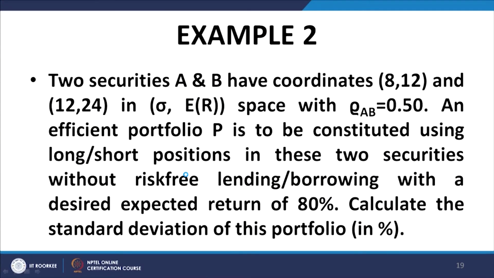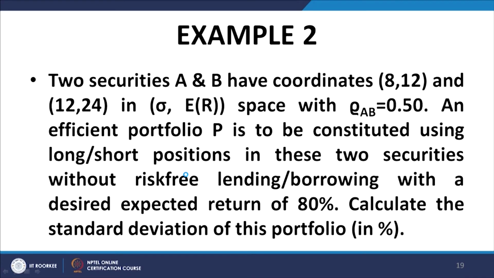Two securities A and B have coordinates 8, 12 and 12, 24 in sigma expected return space. The correlation coefficient is 0.50. An efficient portfolio P is to be constituted using long or short positions in these two securities without risk free borrowing or lending, with a desired expected return of 80%.